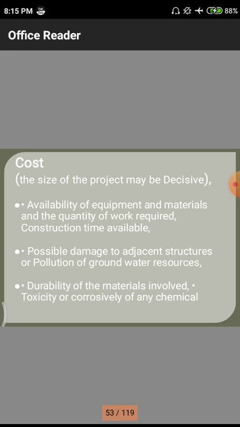So we need to assess the possible amount of damage to the surrounding structures, what preventive measures we need to take, how much time we have to work on a particular site, and at what time there will be less workmanship on those relevant sites. All those we need to observe.